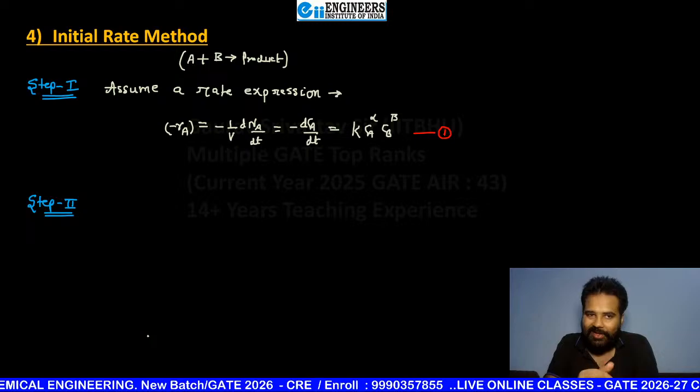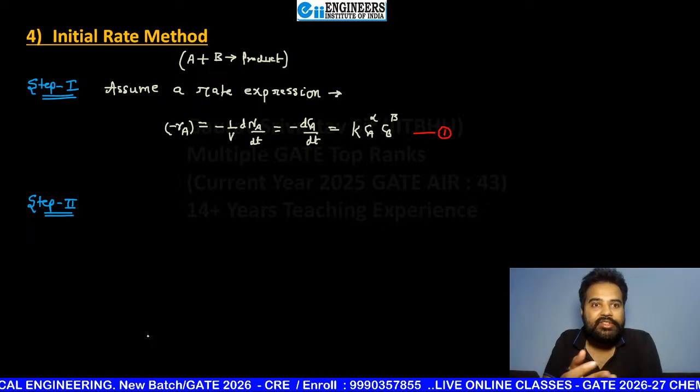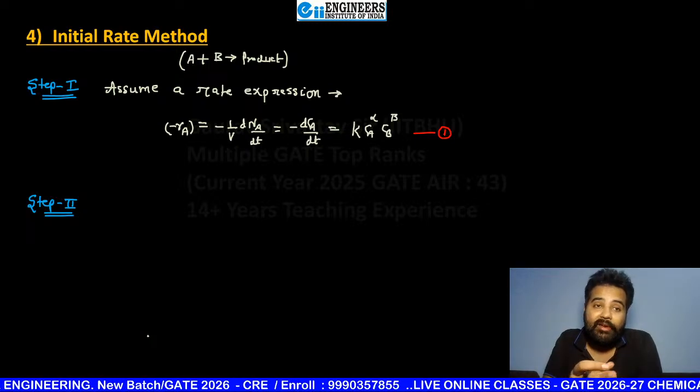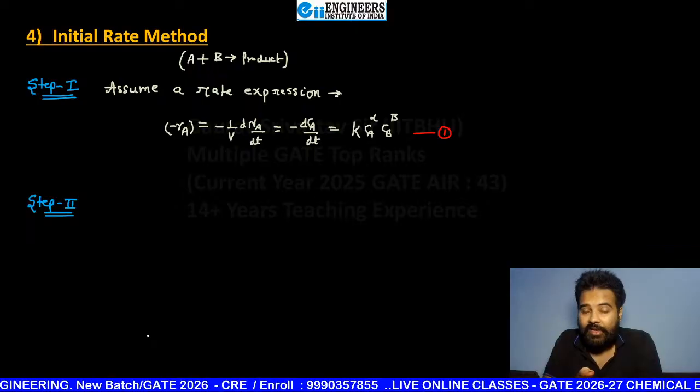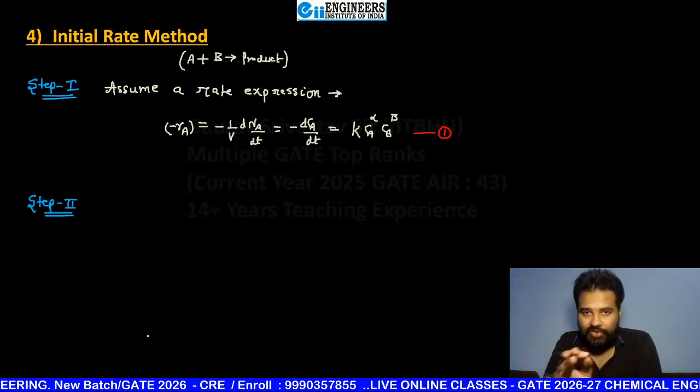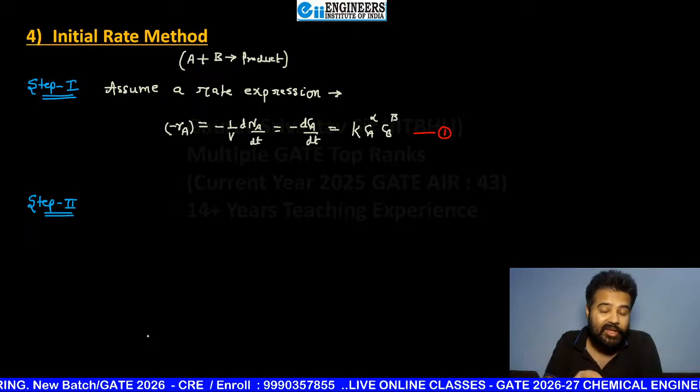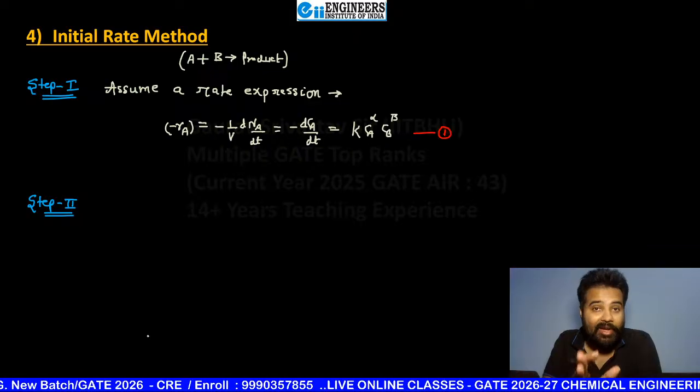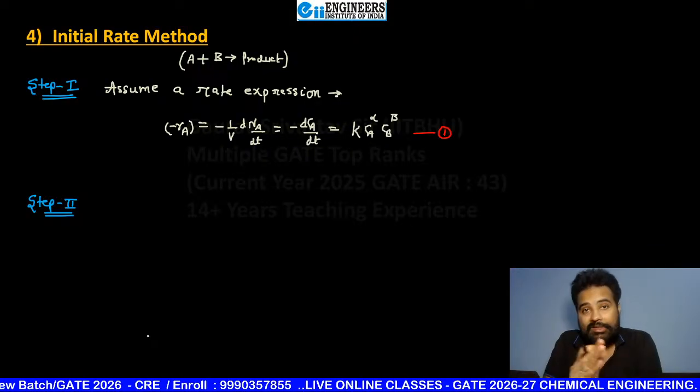If here I write initial rate method, what does it mean? It means here we have to check the initial rate. Initial rate means when t tends to 0, CA equals CA naught, the rate when CA becomes equal to CA naught.